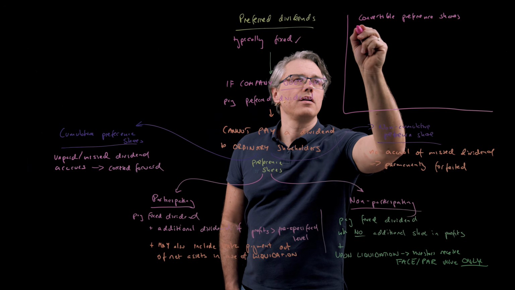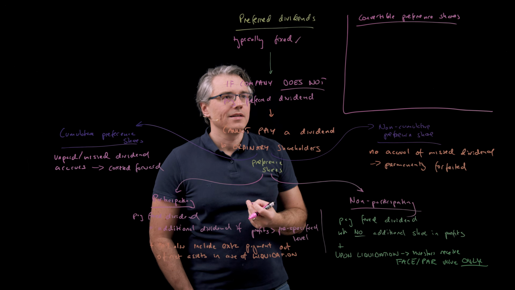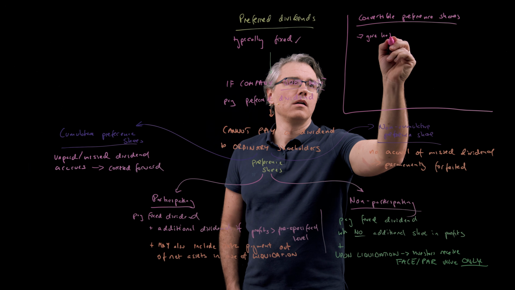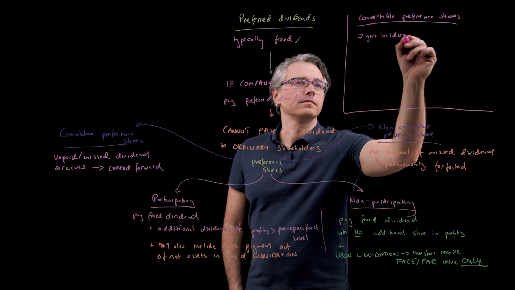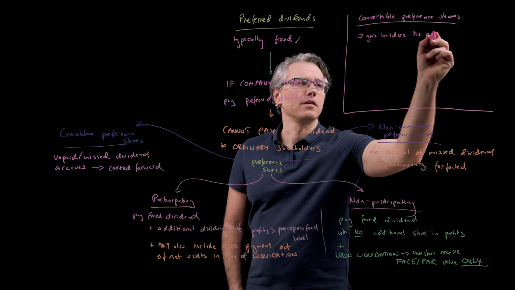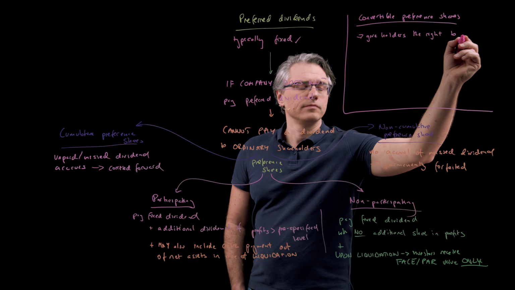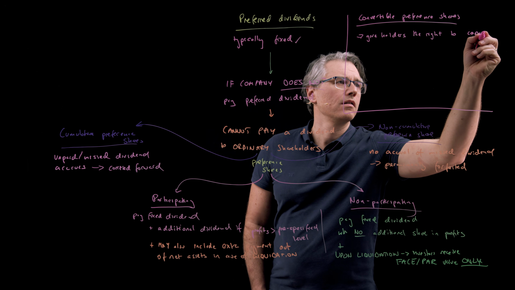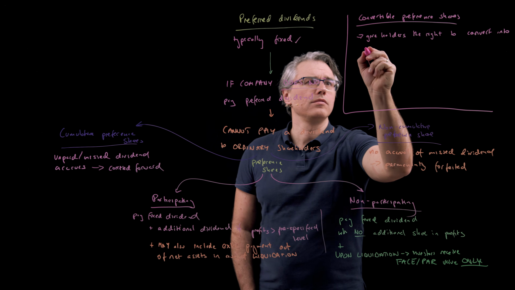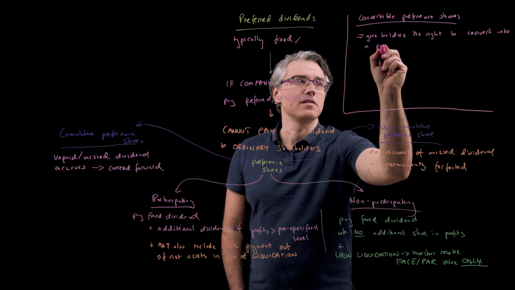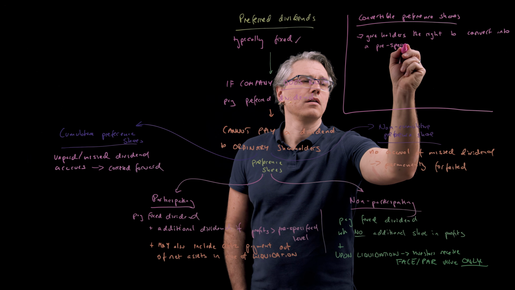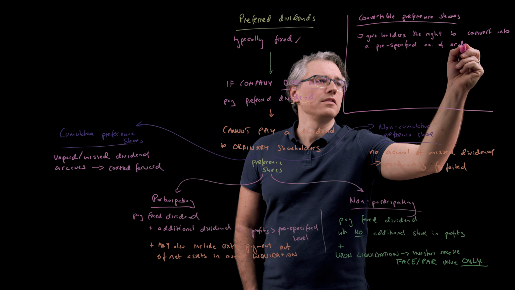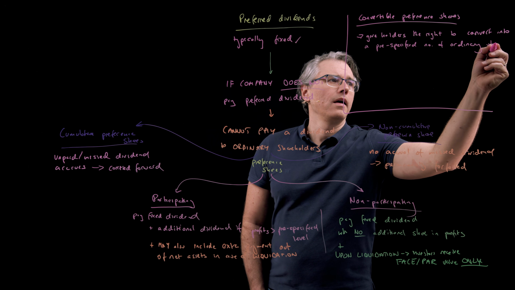Convertible preference shares are shares that give the holders the right to convert into a pre-specified number of ordinary shares in the issuing company.